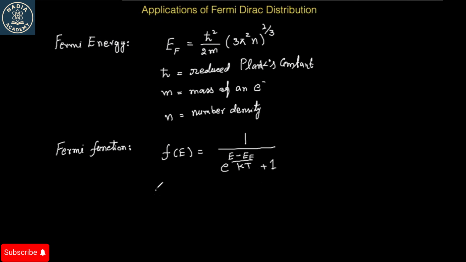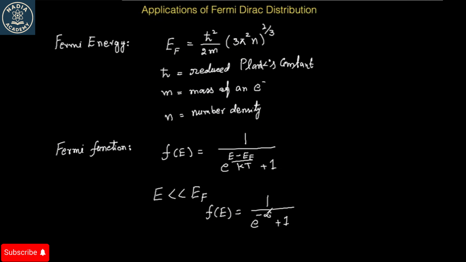For example, the energy is much smaller than the Fermi energy. In this case, we can understand the probability at energy below the Fermi level. Our Fermi function will be reduced to 1 over e raised to the power, because this energy E is much smaller, approximately negative infinity, plus 1.